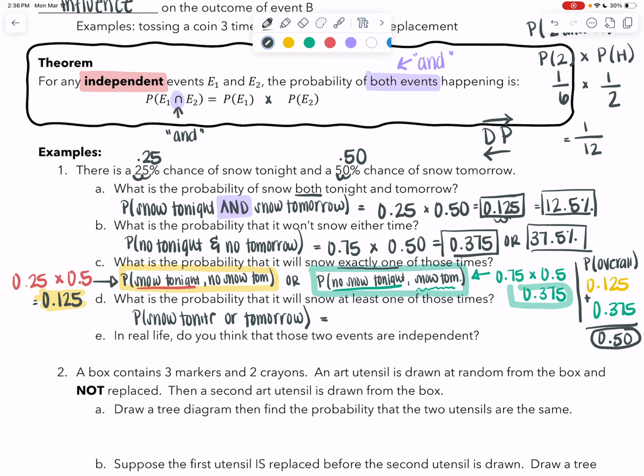So the probability of snow tonight is 0.25, and the probability of snow tomorrow is 0.5. So the probability that it will snow at least once, 0.75. Not bad.